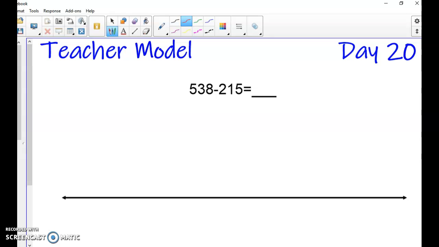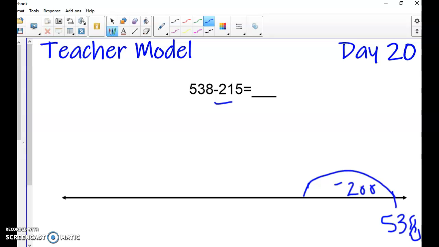538 minus 215. So I'm going to start at the end of my number line, 538, and I'm going to subtract 2 hundreds. The place value that's going to change is the hundreds. That's the only place value that we're changing. So 500 minus 200 is 300.